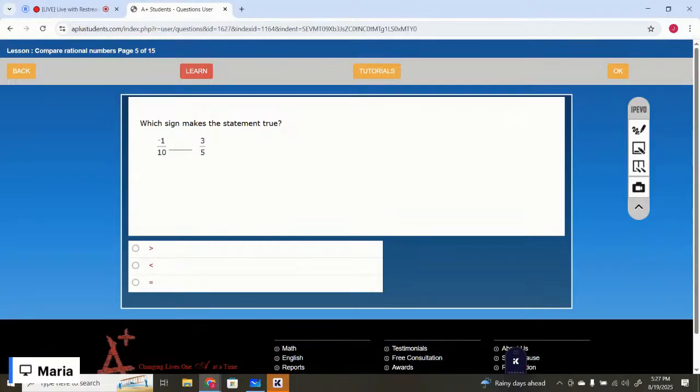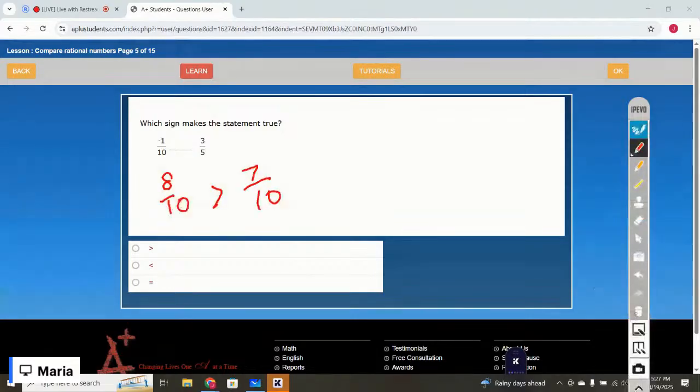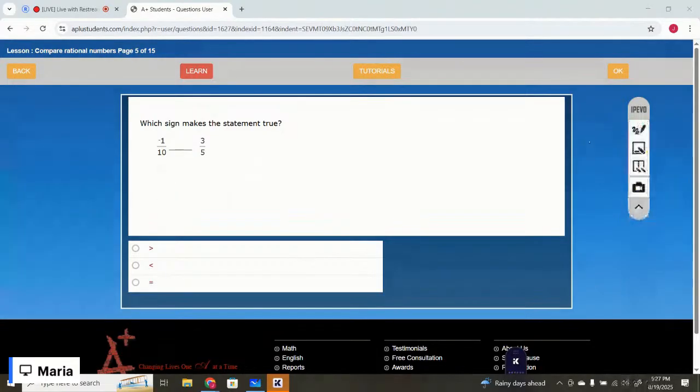Negative 1 by 10 is less than 3 by 5. Option number 2 is the correct option.